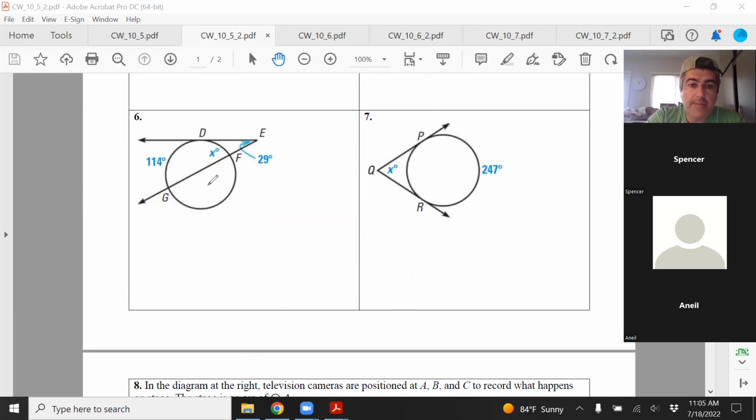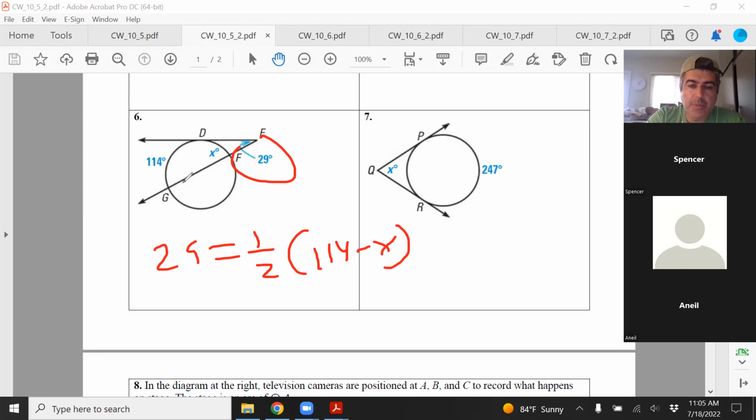So we talk about when you have a tangent and a secant, this angle is half of the difference of the arcs that are intercepted. So you don't know x, but you do know 114. You know the bigger arc, not the little arc. So you got to work that out. So 58.